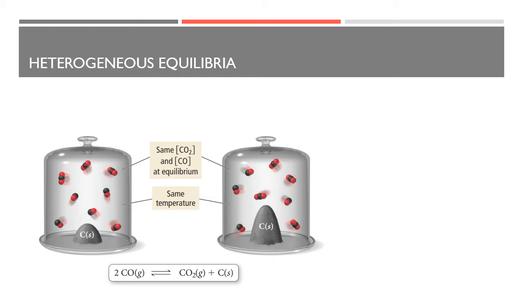Okay, so up to this point, we've been dealing with K values that pertained to concentrations. And by the way, concentrations are measured in moles per liter. And we've also dealt with K values that included partial pressures. And partial pressures we would probably measure in atmospheres or another pressure unit.